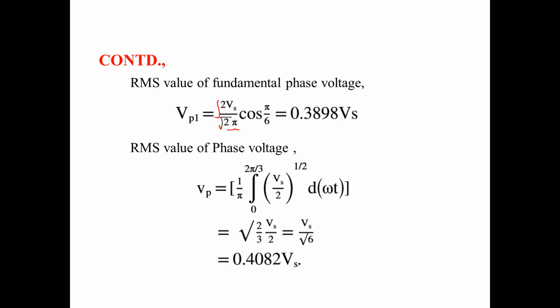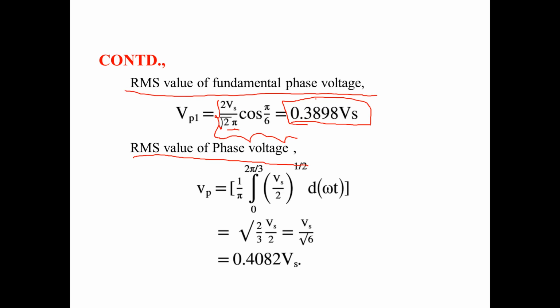When we calculate all the values, the fundamental phase voltage is 0.3898 Vs. Here, the RMS value of the phase voltage is 1 by pi, integral from 0 to 2 pi by 3 of Vs by 2 into 1 by 2 d omega t.